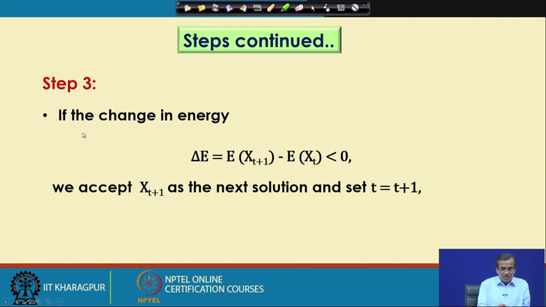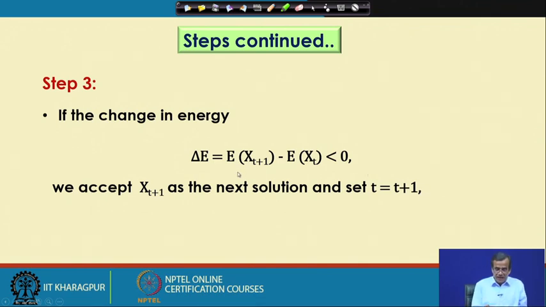Now, step 3: the change in energy, delta E, is nothing but E(X(t+1)) minus E(X(t)). X(t+1) I have already selected at random, so corresponding to that we find the energy, and we find the energy with respect to X(t) and take the difference. Now, if this difference is less than 0, we accept X(t+1) as the next solution and set t equal to t plus 1.